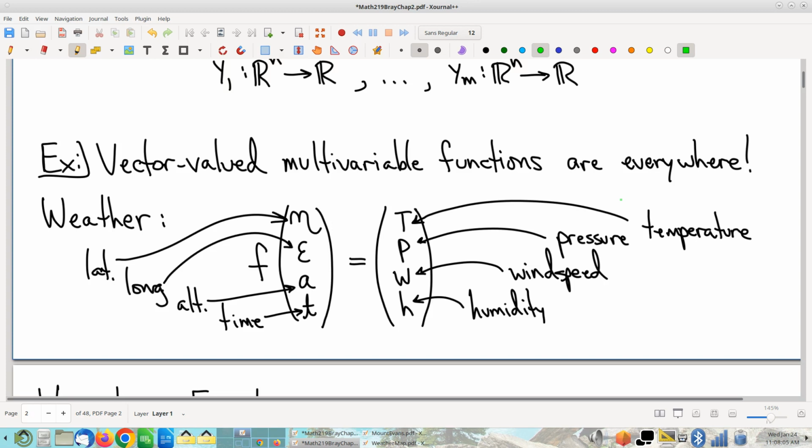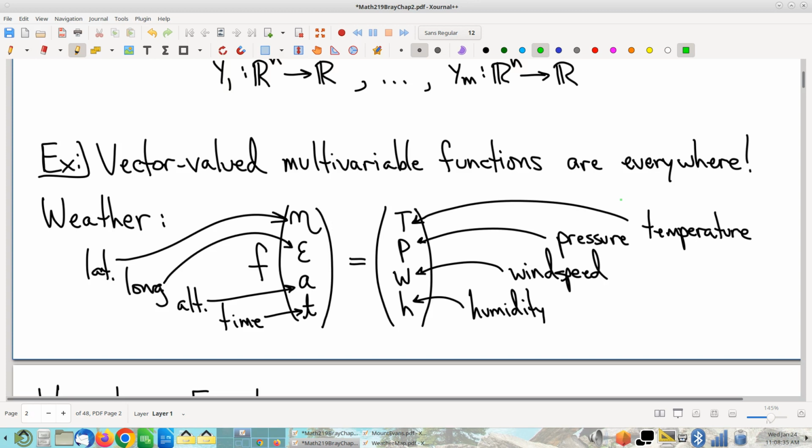But even if you grant that, I'll point out that the multiple input variables don't have to be just location. You could have longitude, latitude, altitude. These are all location. This is time. So you can have several input variables, and what are we going to do at a given longitude, latitude, altitude and time? Well, we could talk about the weather.